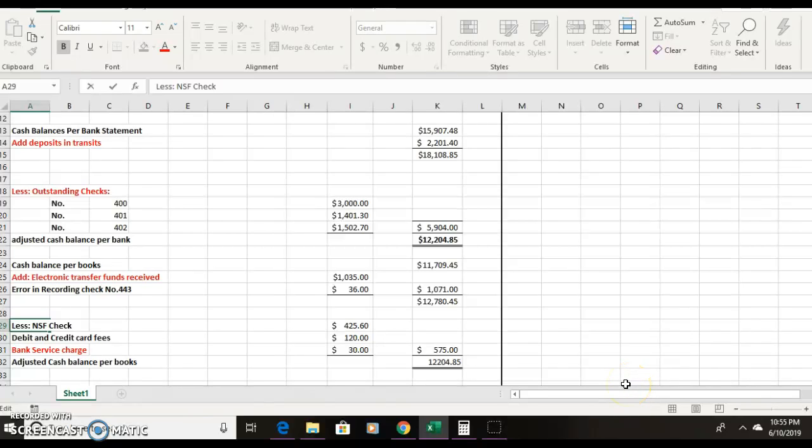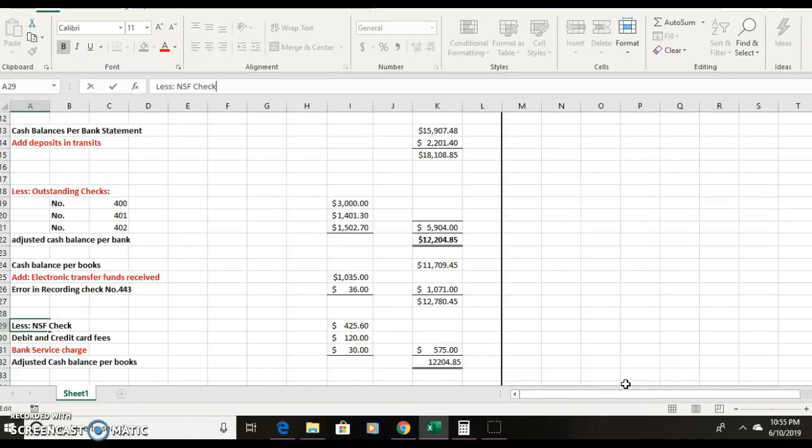As you look at the book, in my book it's on page 346. It says the reconciliation items per bank. So first of all, the person would come and do the reconciliation for the bank.